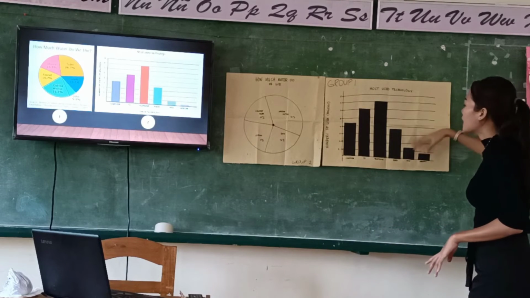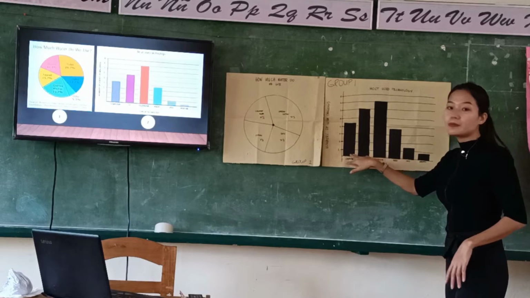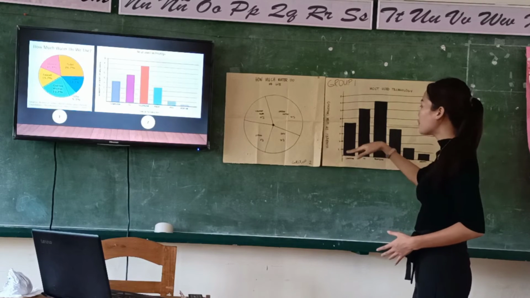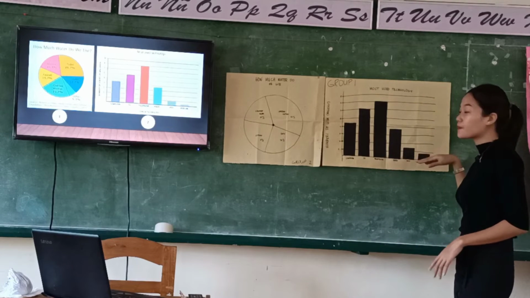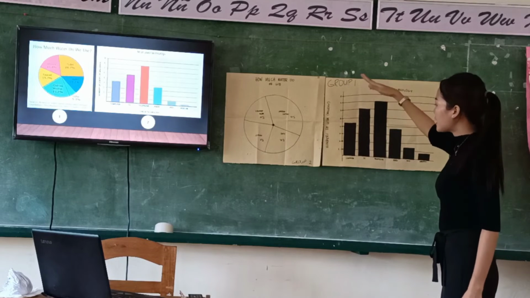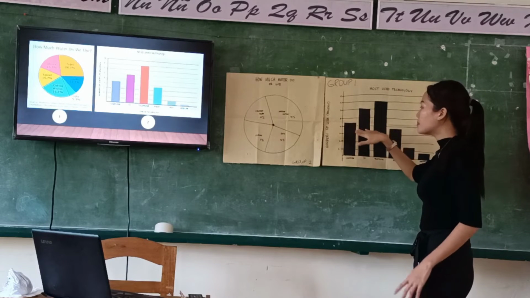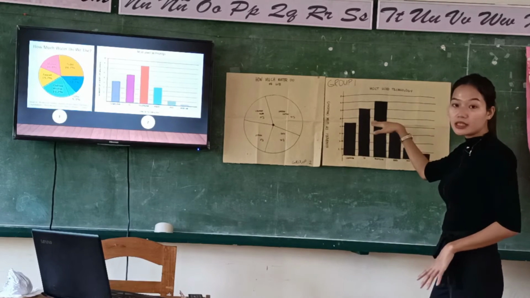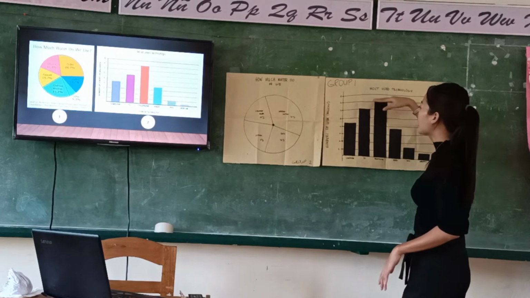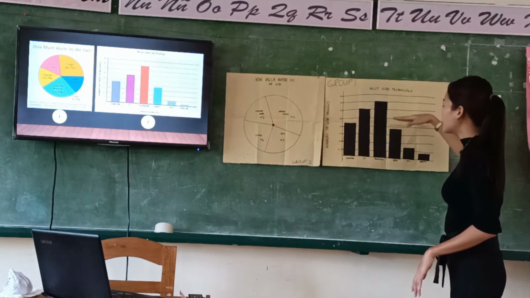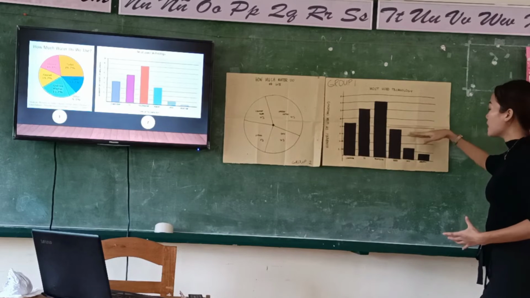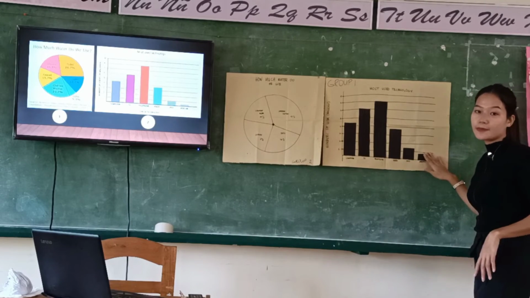So as you can see here, bar graph helps us to identify the data given, right? We can clearly see that it was first like on the middle, then it goes higher and higher, and it suddenly goes down and lower to the lowest.